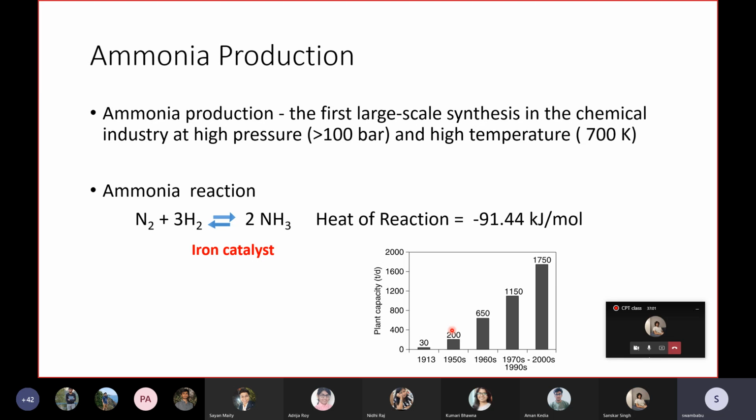Whenever we see a reaction, before we go into the details of an industry, process plant or flow diagram, we need to know the aspects. One is the thermodynamics of the reaction. Then we need to know the kinetics of the reaction.